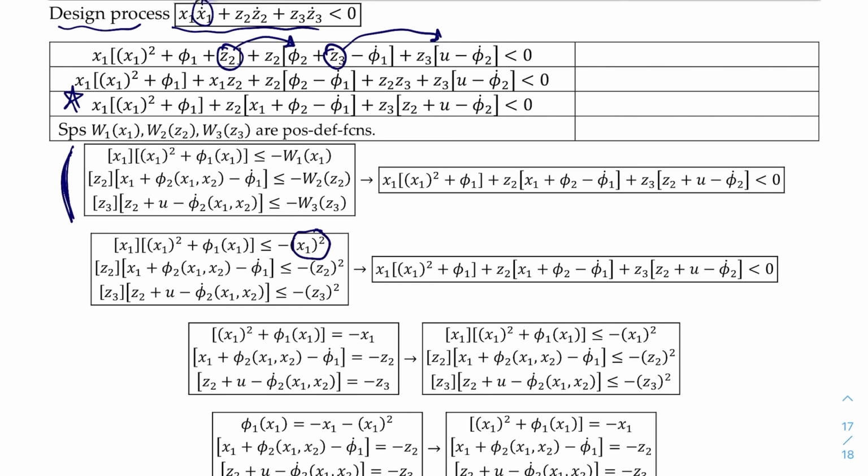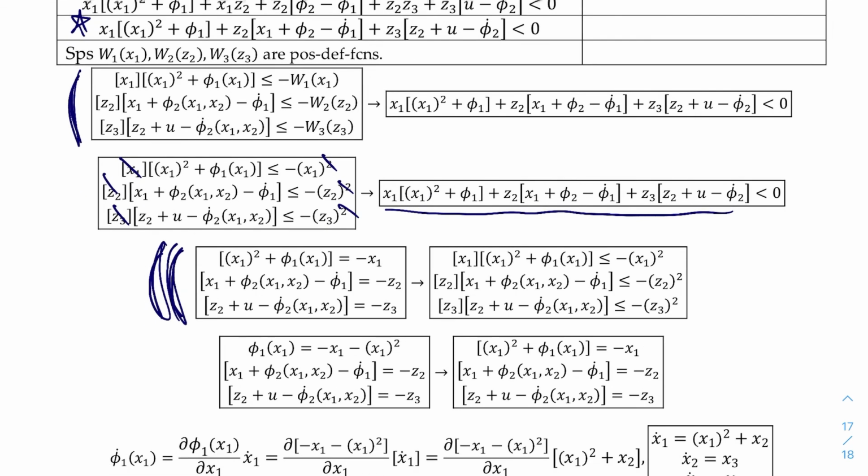The best or easiest positive function is again given in quadratic form. And you can just cancel by simple manipulation. Now you have this.